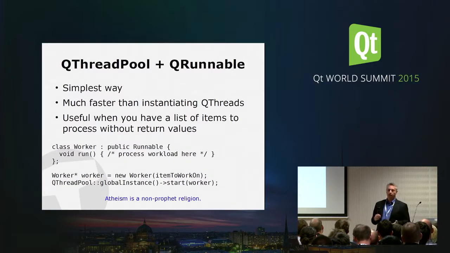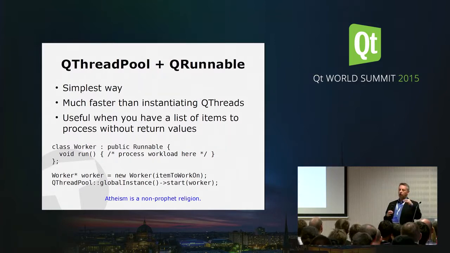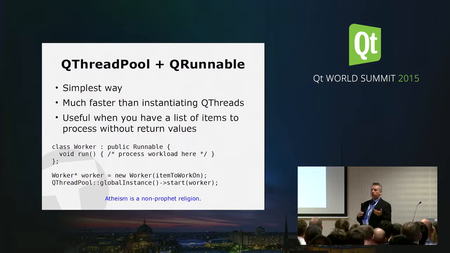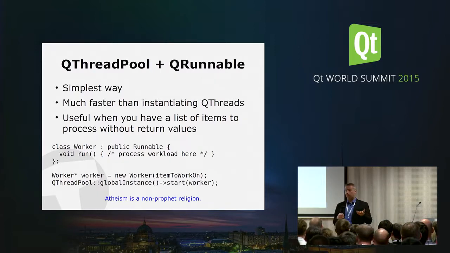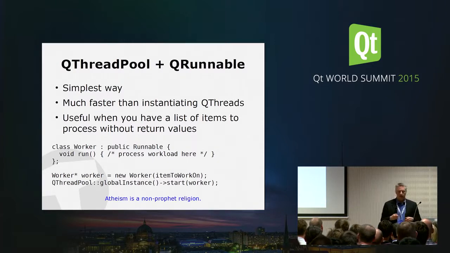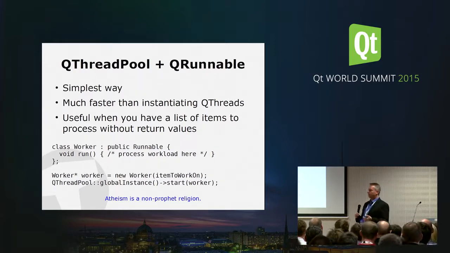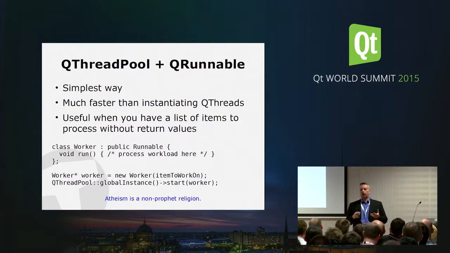And naturally, it was much faster to do it this way, where you reuse the QThread objects, because creating a new QThread object is not the cheapest thing to create, because on Linux it calls pthreads, I think, and on Windows it calls the create something. What do I care? I'm a Qt guy. I just create the QThread object. But it comes with a cost of creating a QThread object, and that's just what you get rid of with this one.